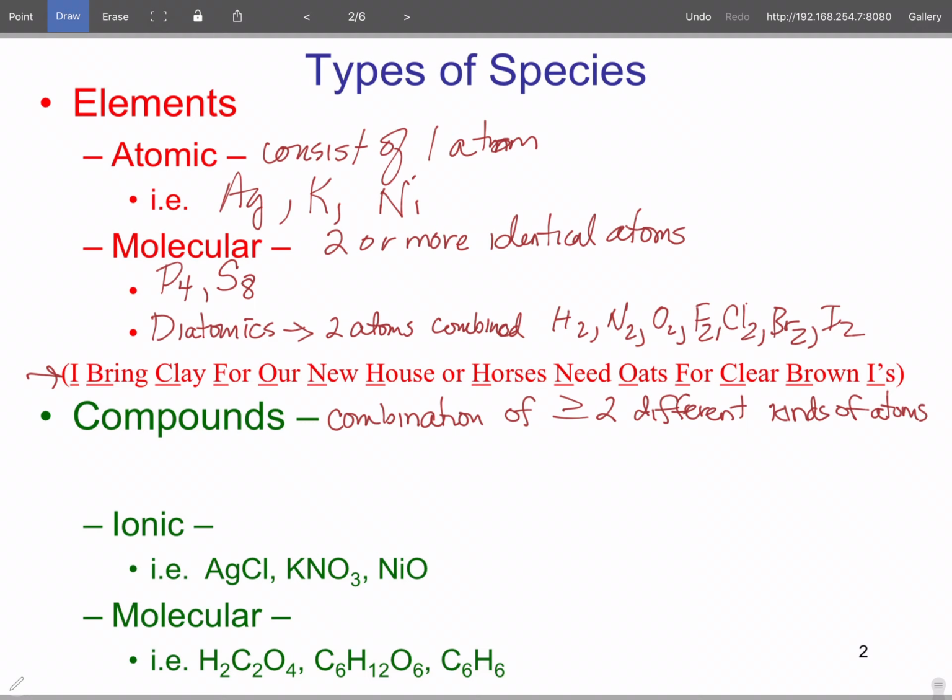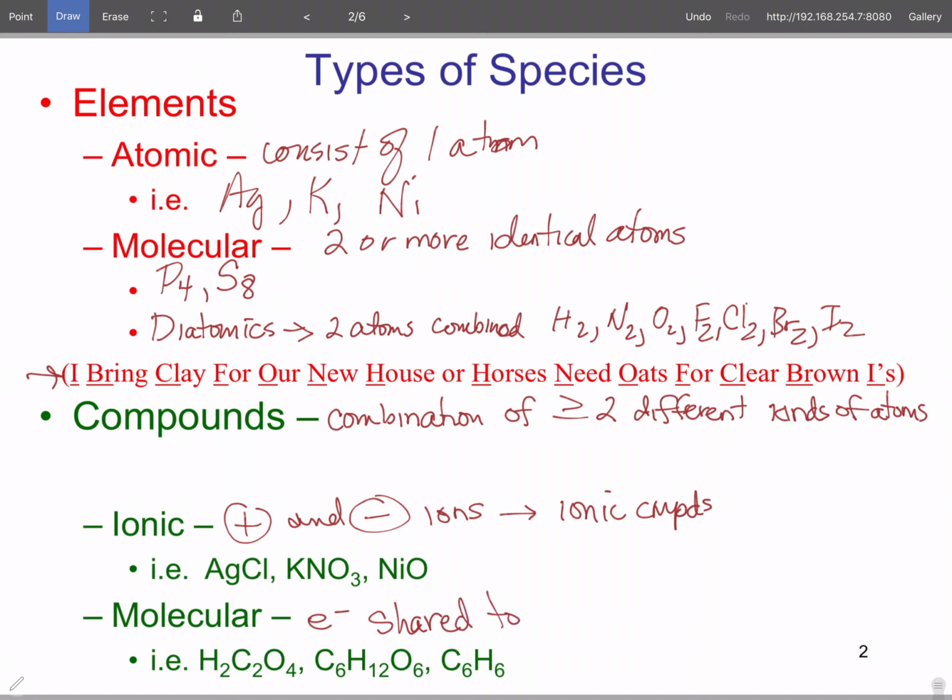Okay? So there are two different types, which is ionic, which means you have positive and negative ions combined to form ionic bonds. They form ionic compounds. We've gone over that. Molecular, the electrons are shared to form compounds.